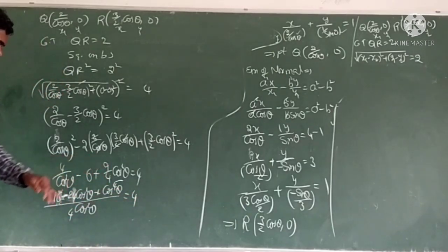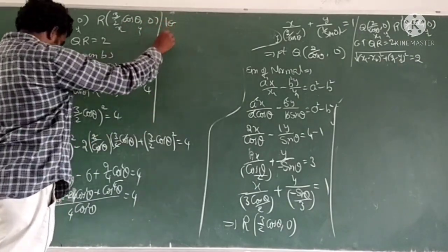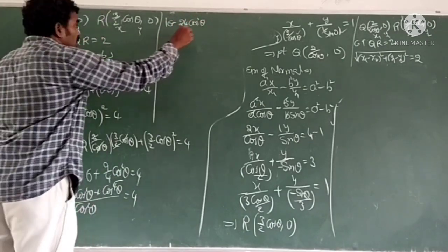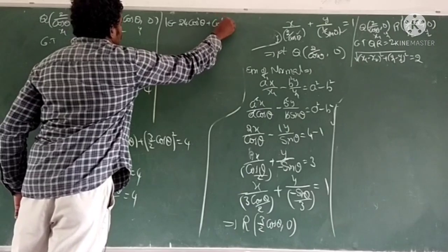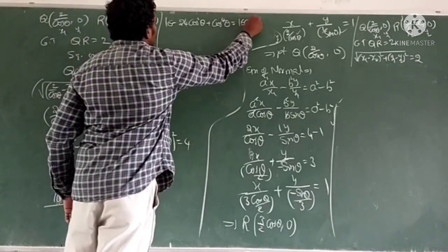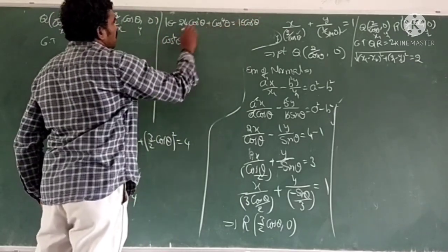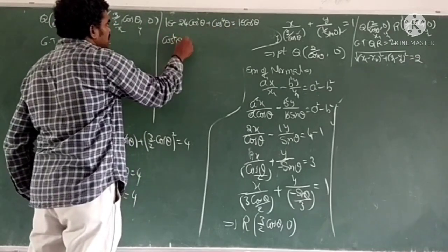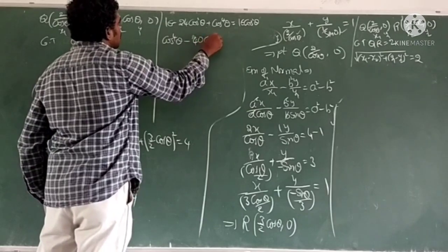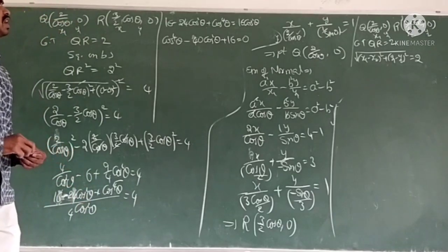The denominator goes to the right side, and the numerator, 16 minus 24 cos square theta plus cos power 4 theta, is equal to 4 into 4 cos square theta, which is 16 cos square theta. Bringing it to the left side, it becomes cos power 4 theta minus 40 cos square theta plus 16 equal to 0.